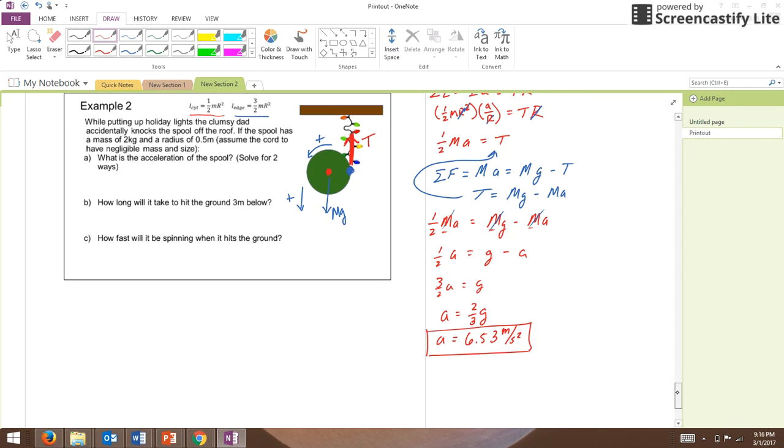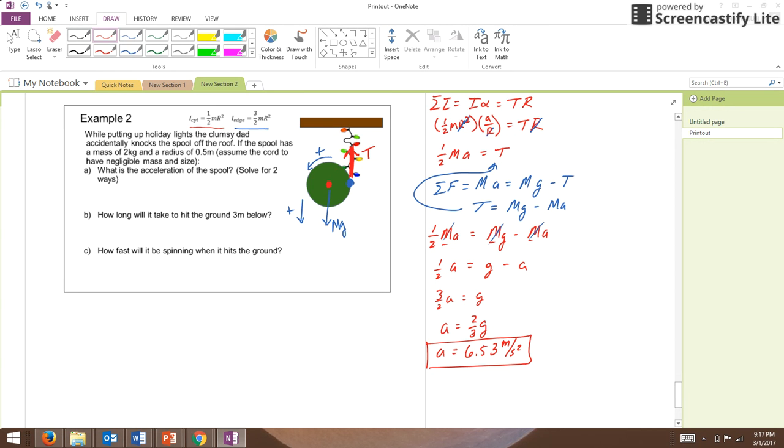The second way to solve this is to treat it as though it's rotating around the outer edge. If you do that, then tension does not apply a torque because the radius of tension is 0, but mg does. So if we try it that way, the sum of the torques is equal to I alpha, which is equal to, the only force is mg, and it is a distance r away from the pivot.